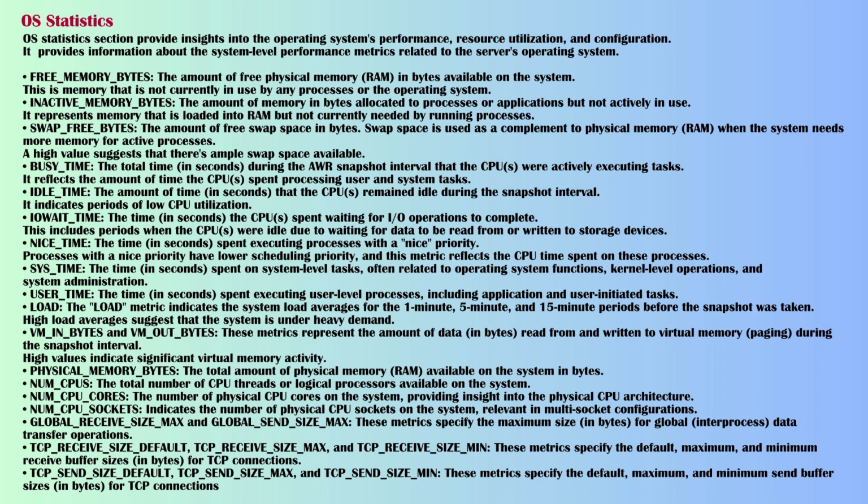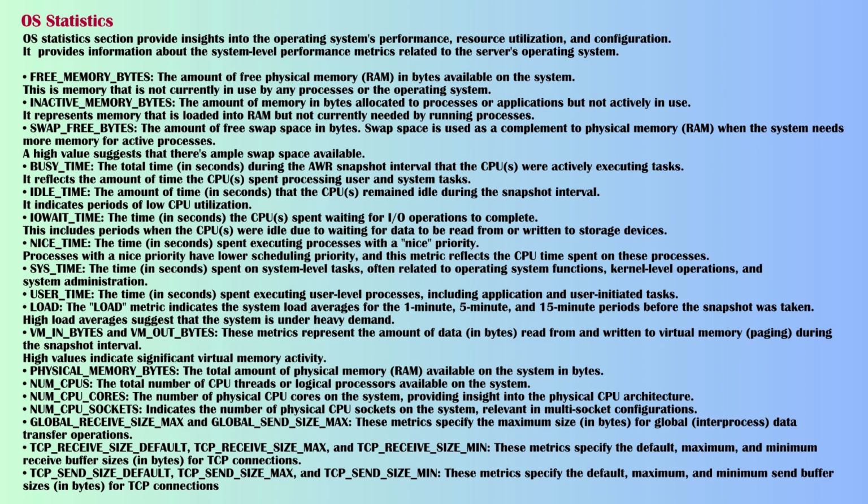Sys_time, the time, in seconds, spent on system-level tasks, often related to operating system functions, kernel-level operations, and system administration. User_time, the time, in seconds, spent executing user-level processes, including application and user-initiated tasks.